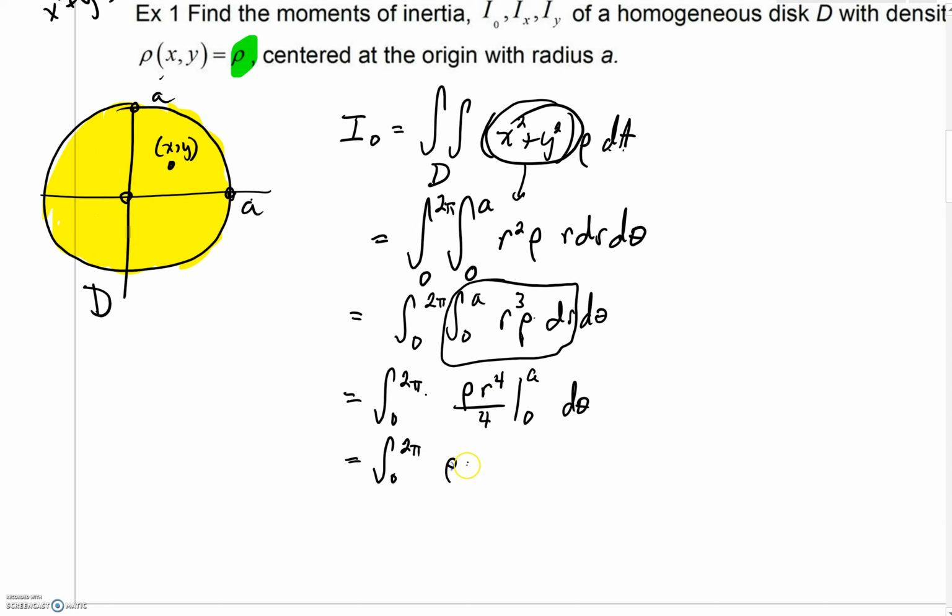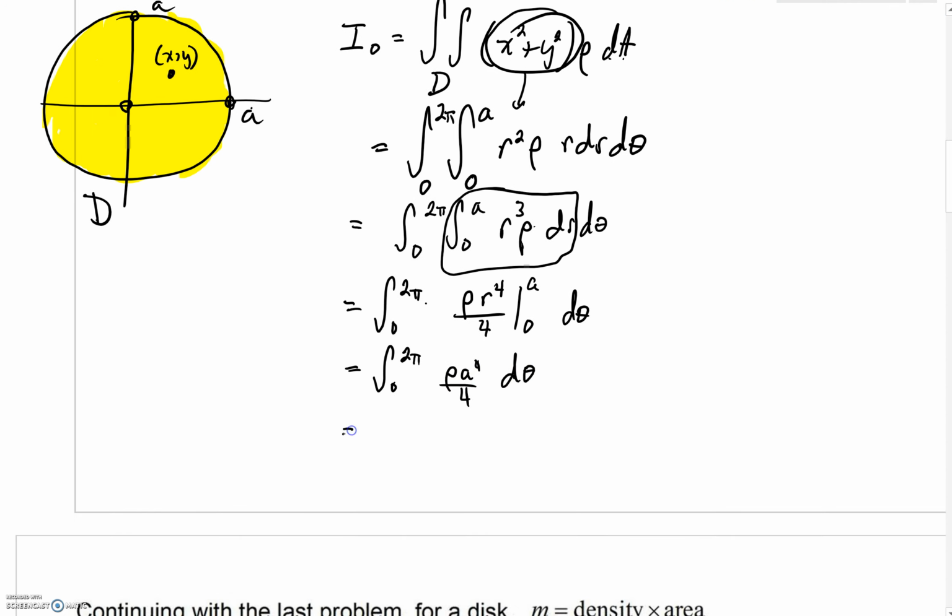So we'll have rho a to the fourth all over 4. At this point, we just have to finish off. This is like a single variable integral problem from before. We've got theta here, and we're going to go between 2 pi and 0. Plugging in a 0 is going to wipe that out.